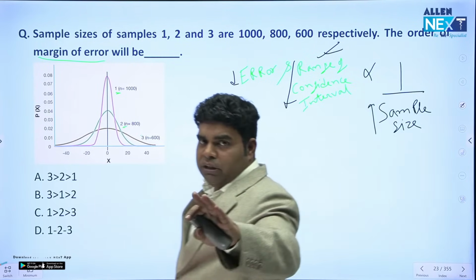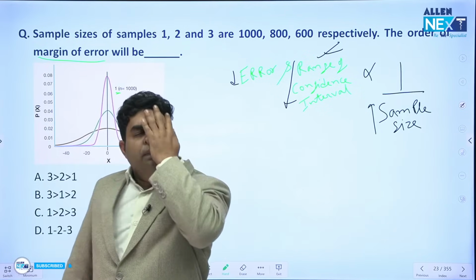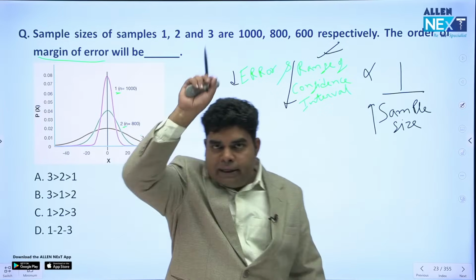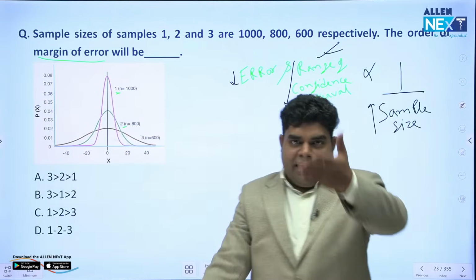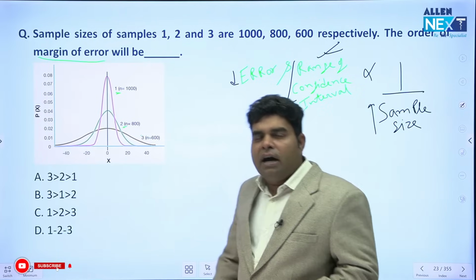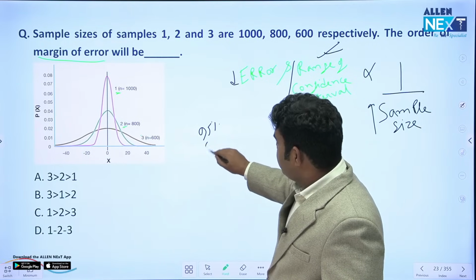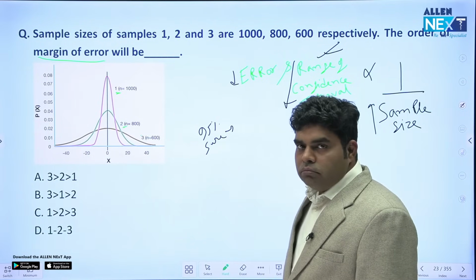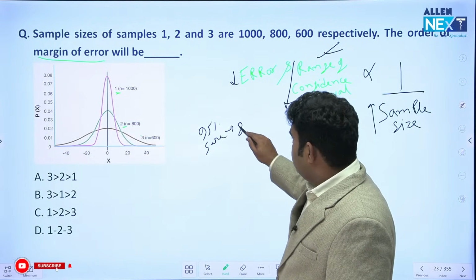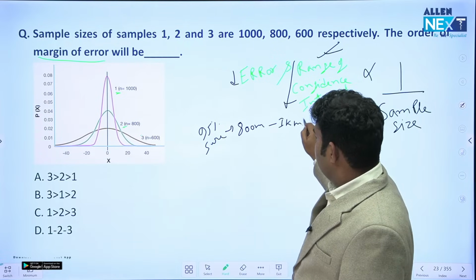Let me explain it with an example. Suppose you are running and I am asking how long you will run. And you said, sir, I am 95% sure I can run between 800 meter to 1 kilometer.